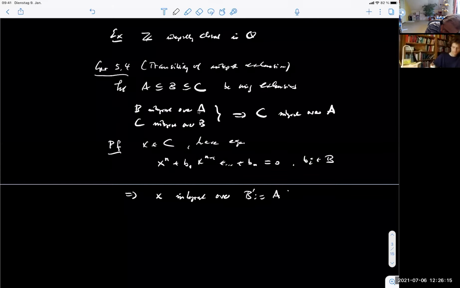This is A with the coefficients adjoined. This is a subring of B and it is finitely generated over A. Now proposition 5.1 tells me that B prime, when I adjoin x, is a finitely generated B prime module.